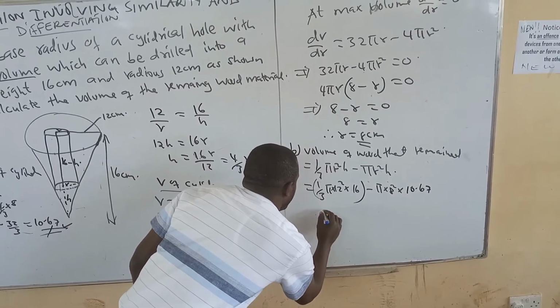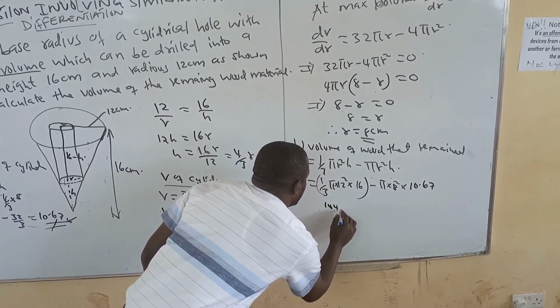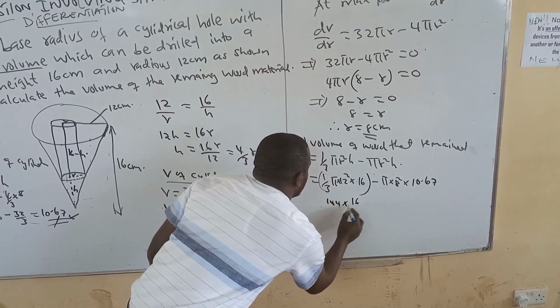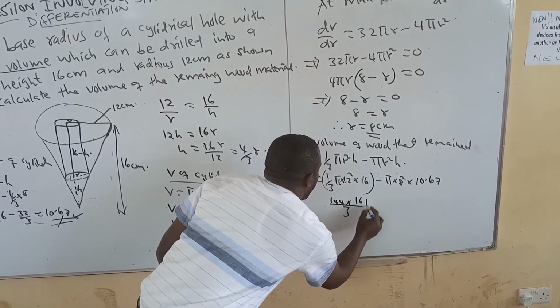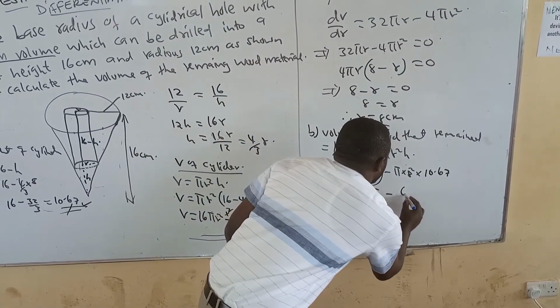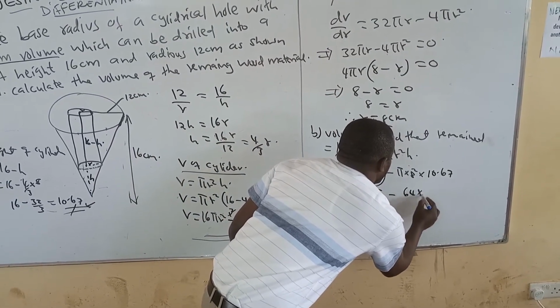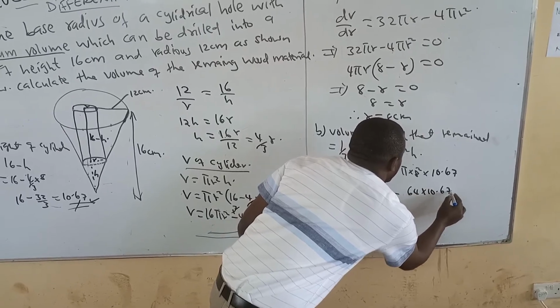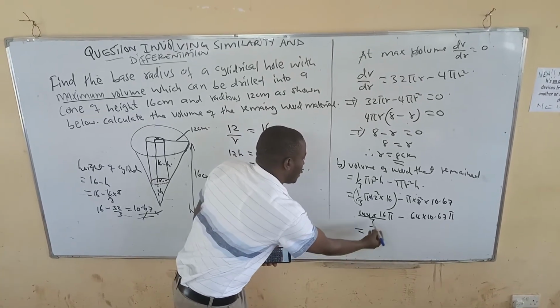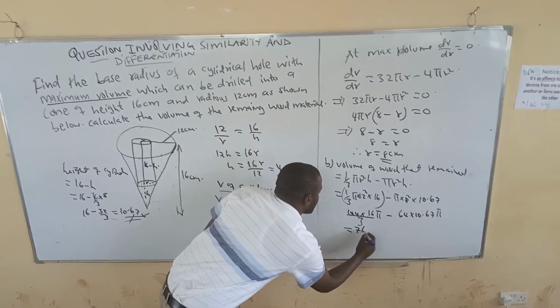144 times 16 all over 3, this is pi, minus 64 times 10.67. Calculate and multiply. For 144 times 16 divided by 3, you get 768.